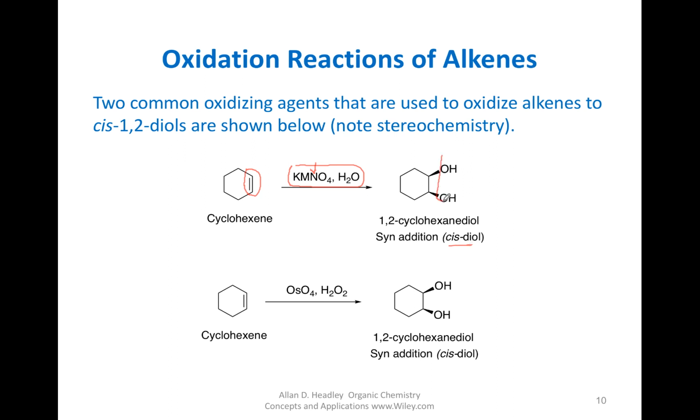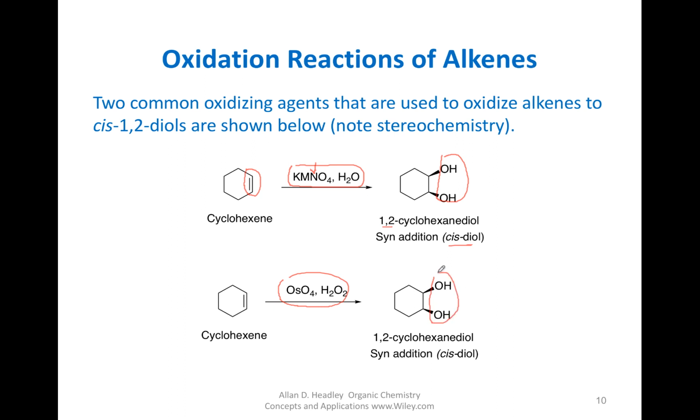Notice this is a cis-diol, not a trans. A cis-1,2 diol. Same reaction here, but instead of using potassium permanganate, we use osmium tetroxide in the presence of hydrogen peroxide to give the cis-diol.